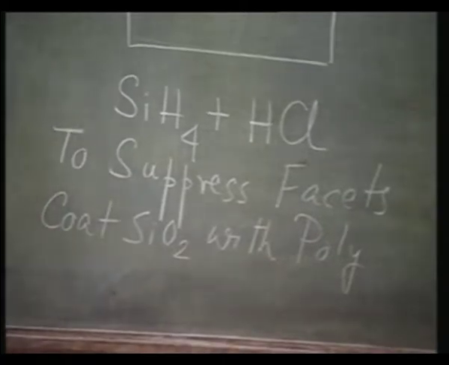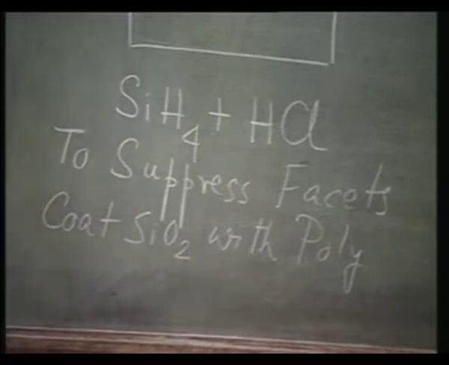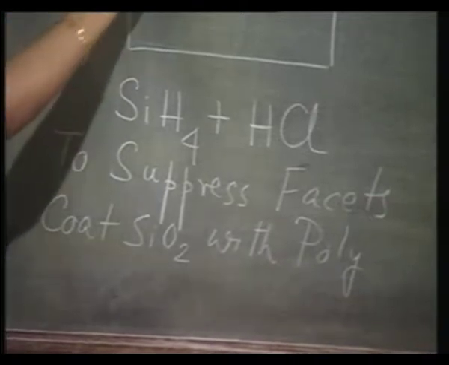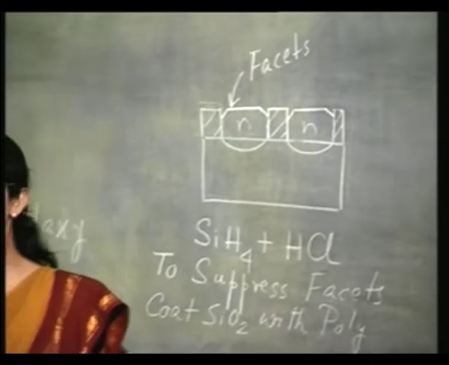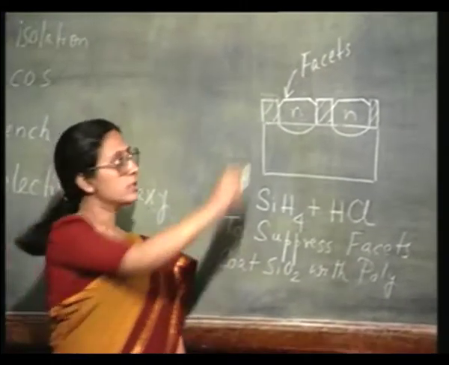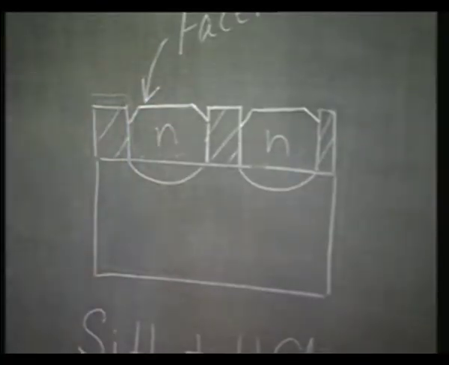the whole thing is happening because you are using this silane plus HCl, right, because you want to suppress silicon layer formation on oxide. So, this is the side wall of the oxide. So, even there actually you are going to suppress silicon layer formation, that is why these facets are formed, because the layer cannot grow all the way up.